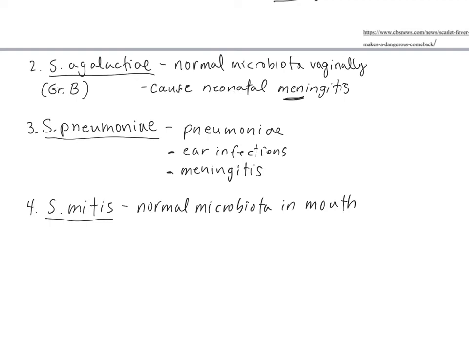It makes a nice thick capsule in order to stick to our teeth so it doesn't get washed down into the digestive tract. And I forgot to mention that the Strep pneumoniae is our organism that's a true capnophile. So that organism does not grow well unless we have it in a candle jar.